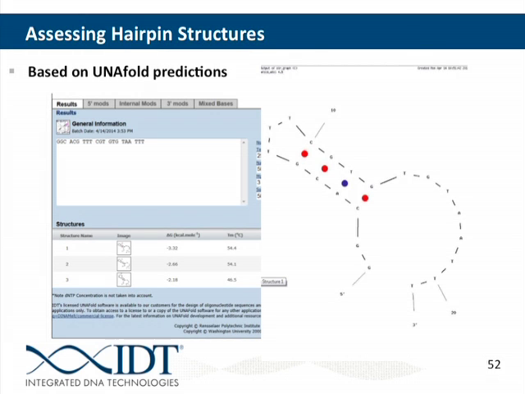Our general cutoff is anything with a stability less than 9 kilocalories per mole, or multiple hairpins forming with a stability of less than 4 kilocalories per mole. And so here's an example of some dimer output from OligoAnalyzer. This is specifically a self-dimer.